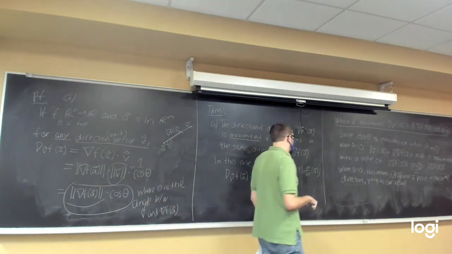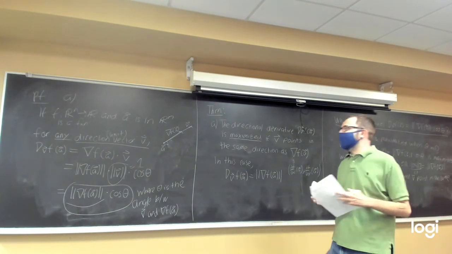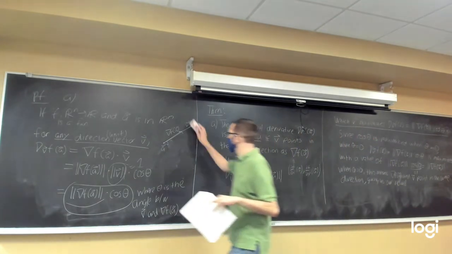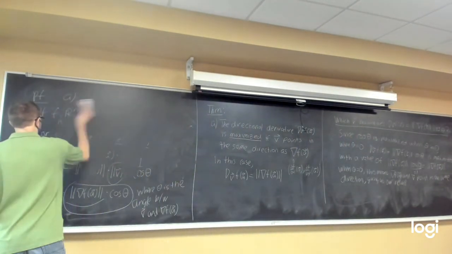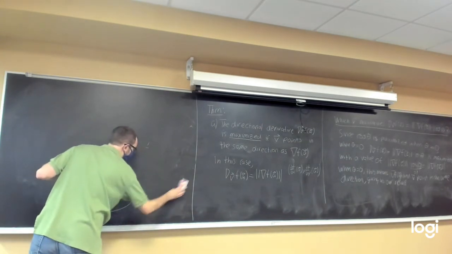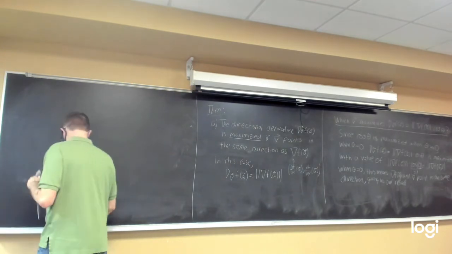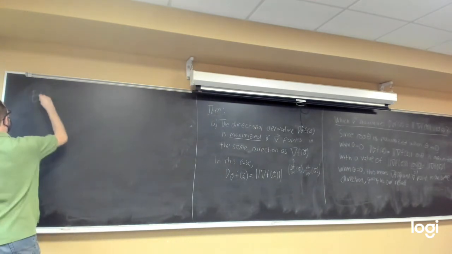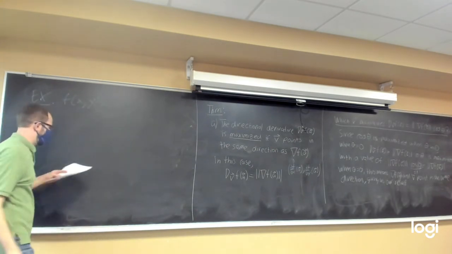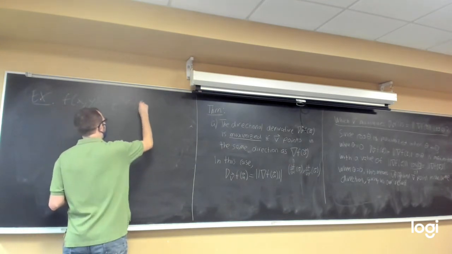So let's put this theorem into practice by looking at an example problem, where we're going to look back at the same kind of example we were doing in class on Wednesday. Where the function f of x, y is going to be e to the 2y times sine of x.